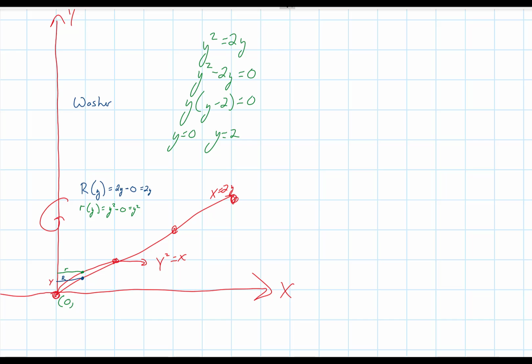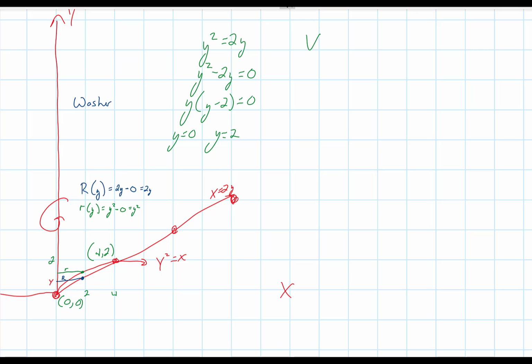And those ordered pairs end up being (0, 0) and, sorry, (4, 2). All right. So we have y equals 0, y equals 2.